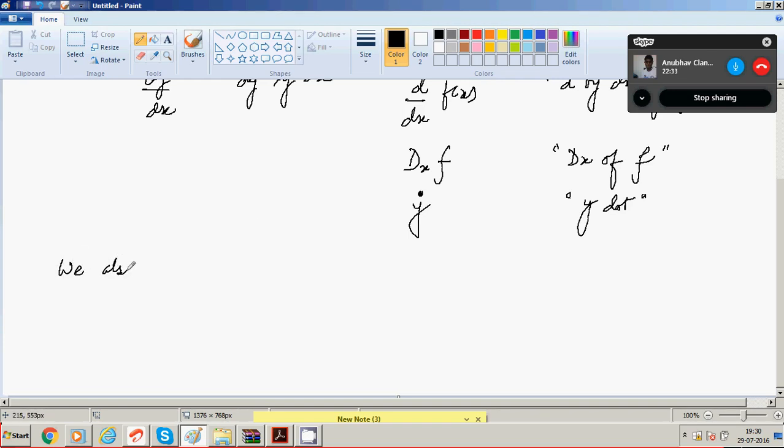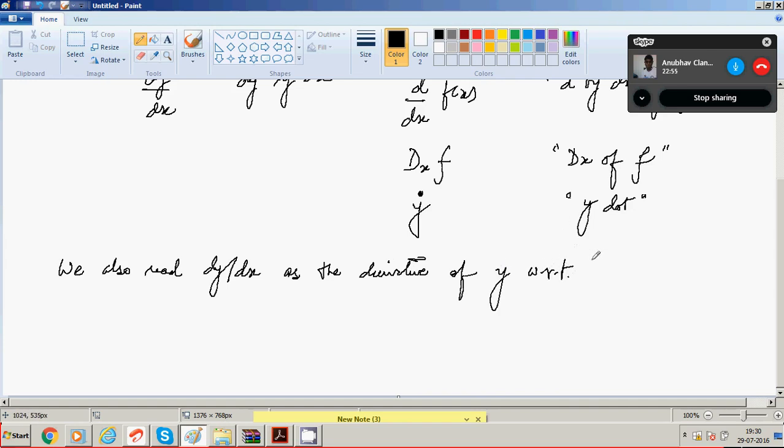We also read dy by dx as the derivative of y with respect to x.